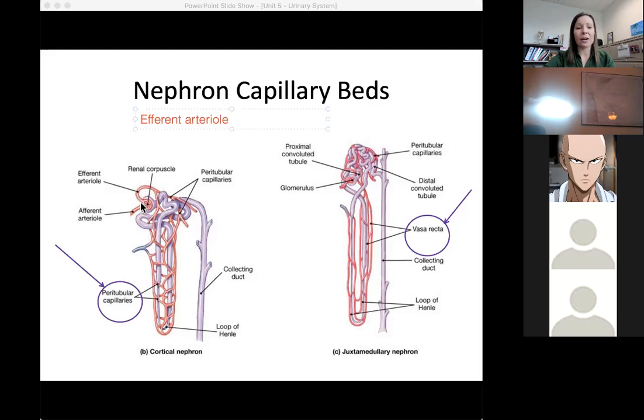It drains blood out of the glomerulus. So then you have this other capillary bed that comes off of that arteriole. And if you look at this picture, that capillary bed wraps around the outside of the renal tubule, especially around that loop of Henle.